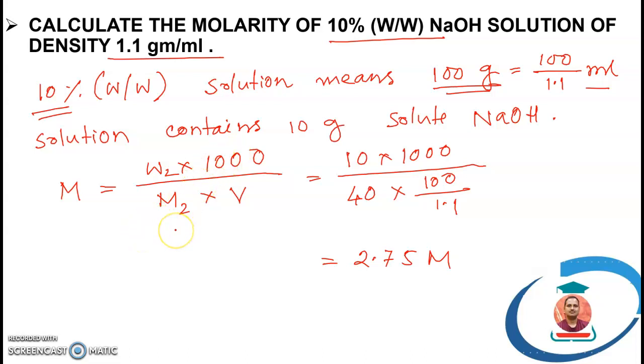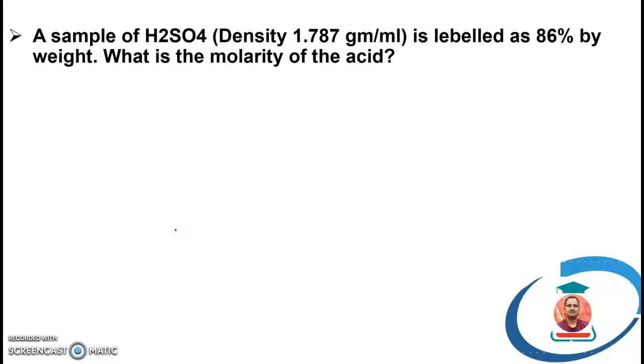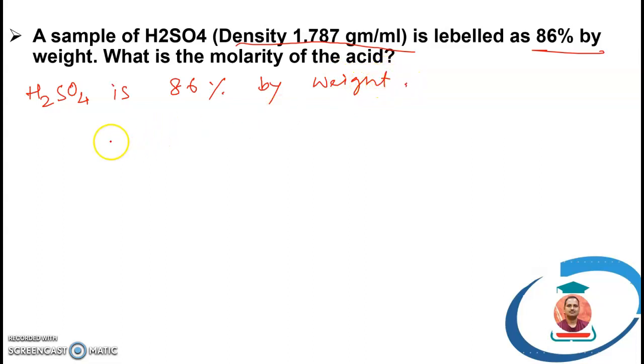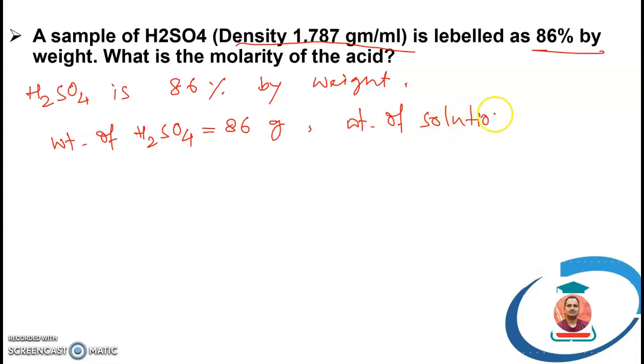Now move to the next problem. A sample of H2SO4 having density 1.787 gram per ml is labeled as 86% by weight. What is the molarity of the solution? H2SO4 is 86% by weight. It means the weight of H2SO4 equals 86 gram, and the weight of solution equals 100 gram.